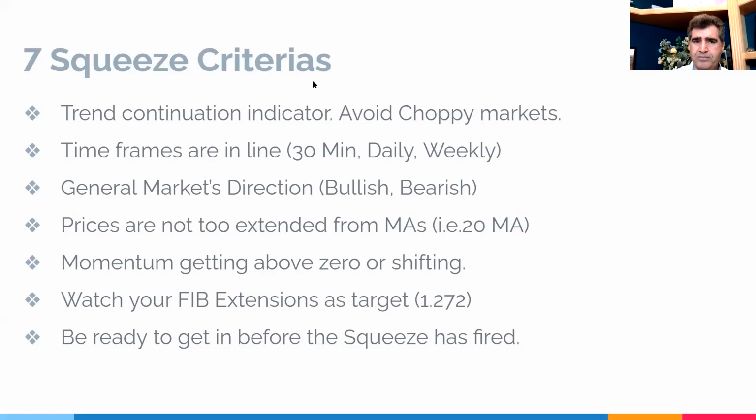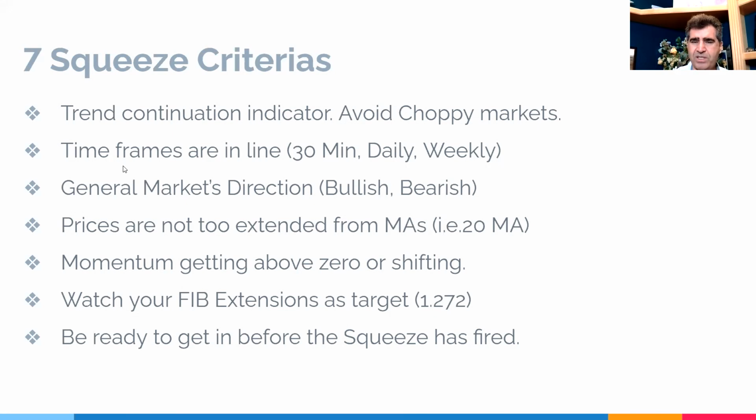So as you know, I like the 7 ideas. I thought I would summarize the criteria we visited in the past. The 7 squeeze criteria you could use: number 1, knowing that this is a trend continuation indicator. So basically once breakout happens, the whole idea is it's going to go up, and it avoids the choppy markets when you get to green dots.